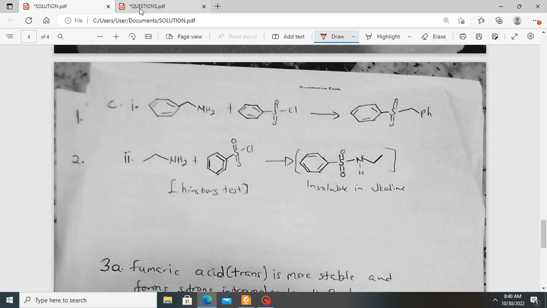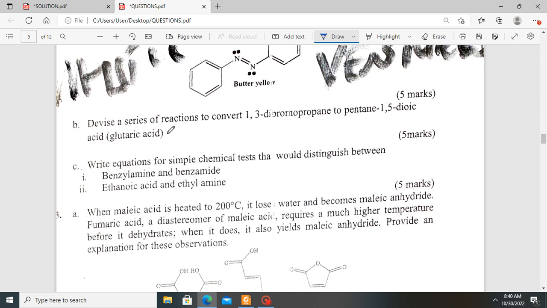The next question: you have to write equations for a simple chemical test that will distinguish between these. So we have benzylamine and benzamide, ethanoic acid and ethylamine. So benzylamine and benzamide: this one is an amide, this one is an amine. First, test for the amine using what we call the Hinsberg test.